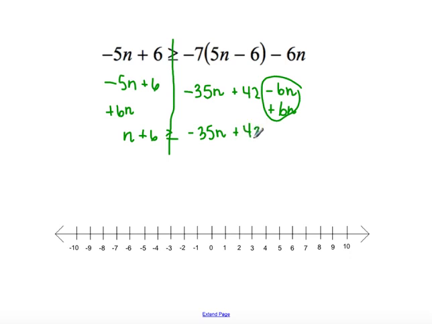So now I'm going to add 35n to both sides. So we have 36n plus 6 is greater than or equal to 42.